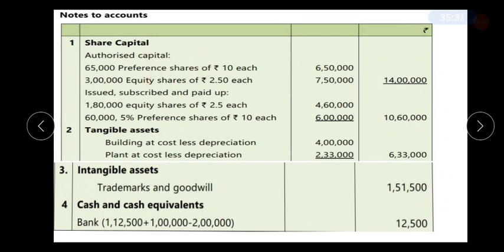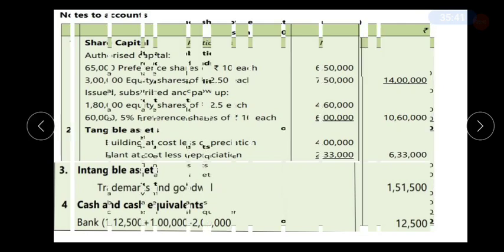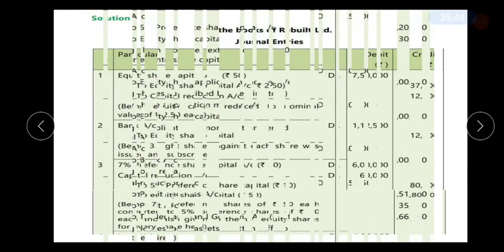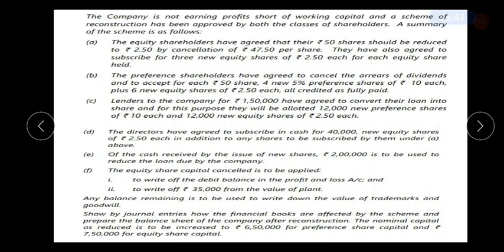The first one is share capital. As given in the problem, we need to change the nominal value, that is the authorized capital. How do we change the authorized capital? It is given in the problem: the nominal capital as reduced is to be increased to 6,50,000 for preference share capital and rupees 7,50,000 for equity share capital.